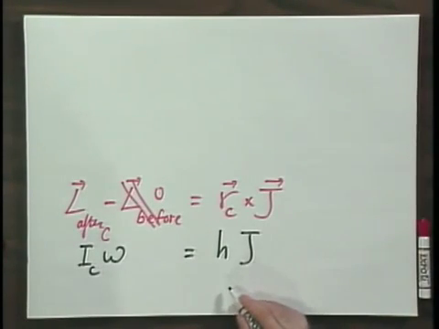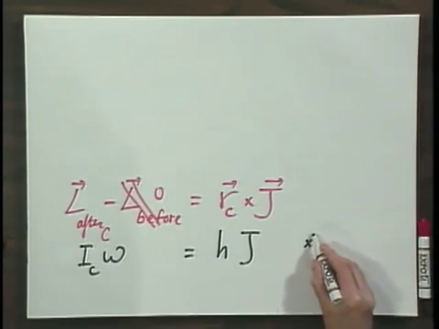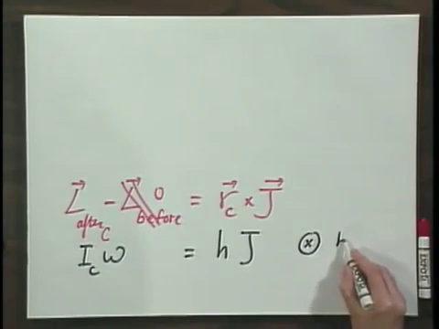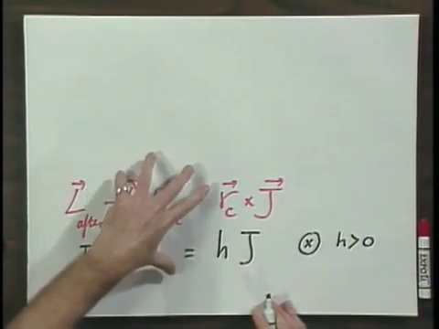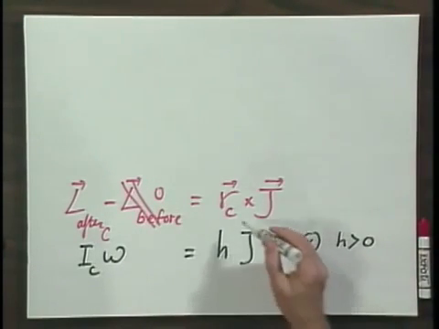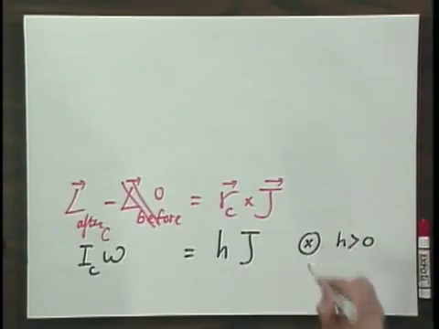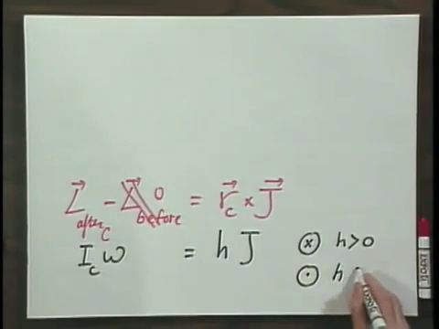The direction of this vector would be in the paper if H were larger than 0. The ball would start to rotate clockwise, and therefore the angular momentum and also this cross product is in the paper. That vector would be out of the paper if H were less than 0.